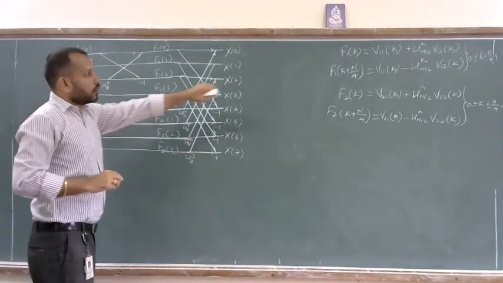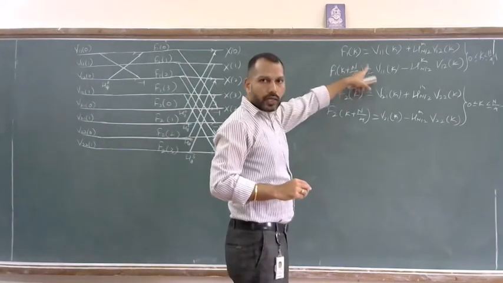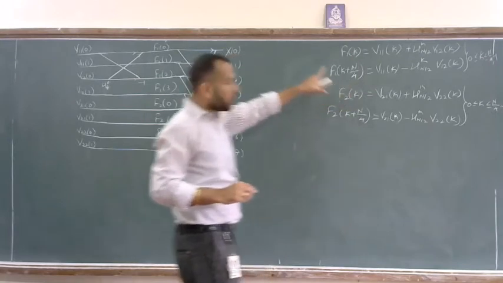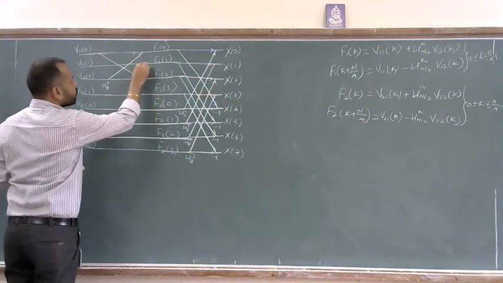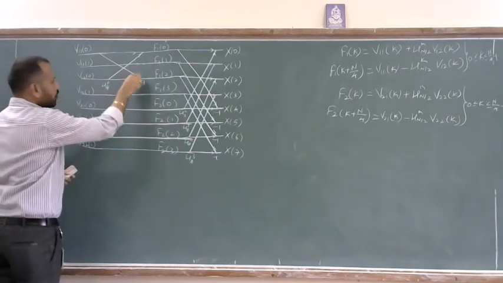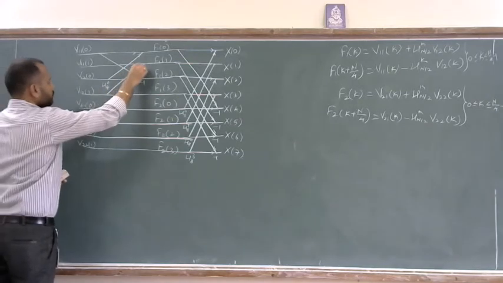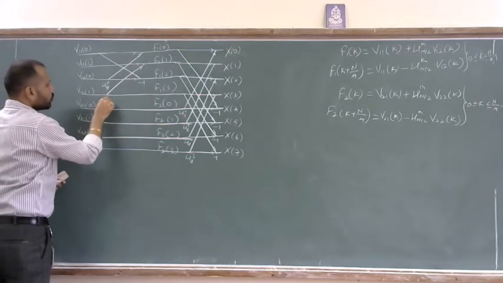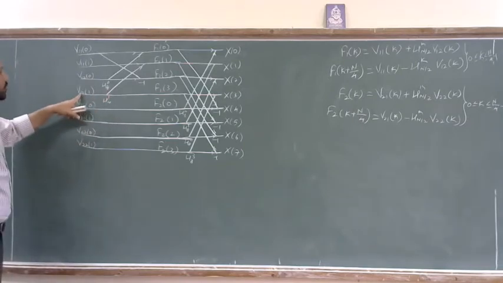Now, for k equals 1 in the first two equations, the first equation will give us f1 of 1. So f1 of 1 will be V11 of 1 plus W4 to the power 1 multiplied by V12 of 1.